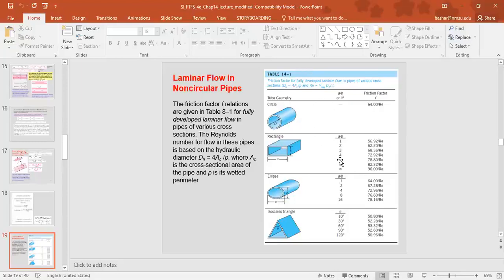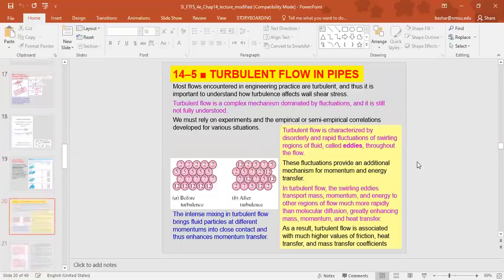So we need to refer to table 14.1 in case we have non-circular pipes. And the Reynolds number here is calculated based on the hydraulic diameter, which we showed you earlier in this chapter how to get. It's simply 4 times the cross-sectional area divided by the wetted perimeter.